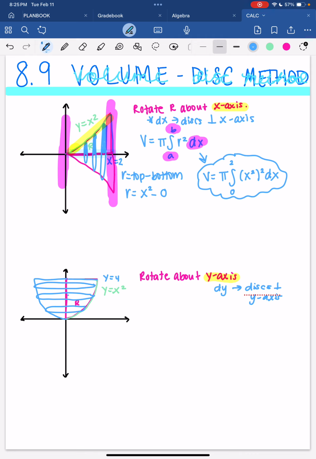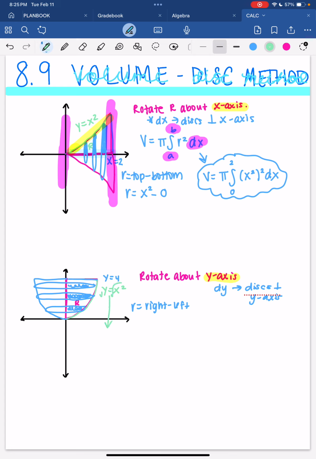And now I'm going to shade the original side of the picture up until whatever I ask you to flip over. So I'm shading up until the y-axis. So now we need to say to ourselves, because this is a horizontal radius, r is going to be right minus left. And because the integral is dy, I better not see any x's in my integral, which implies that you need to take this out of y equals and get into x equals.